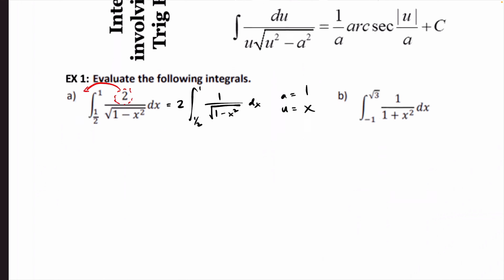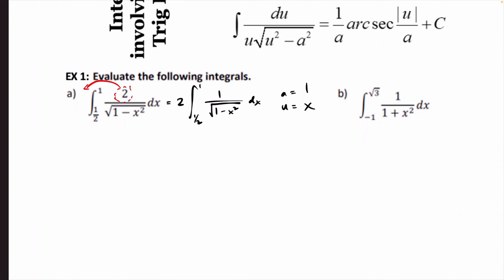1 squared, X squared, so the 1 and the X, okay? Well, just like we've done in the past, when you have your U, even though it's not traditional U substitution, anytime we get a U, that's why they use the letter U, you always find the derivative. The derivative is 1, right? So you divide by 1, and you get that, right? Okay.